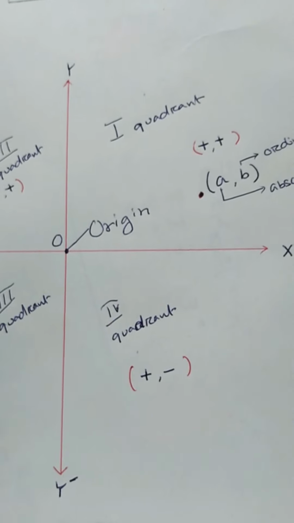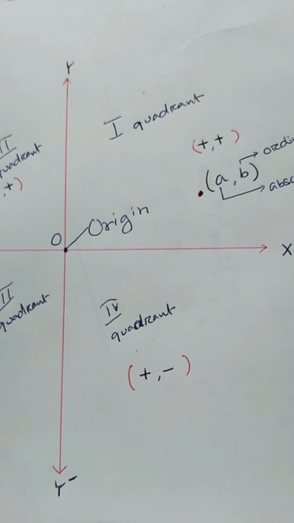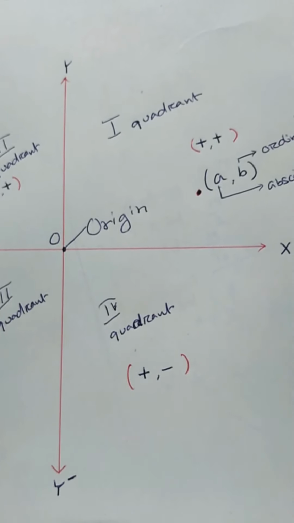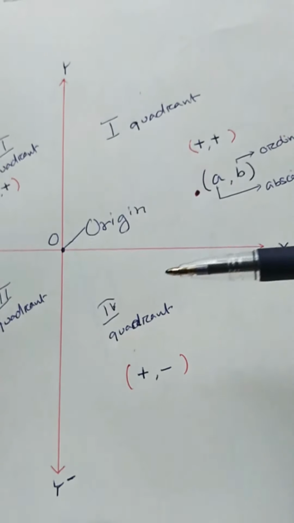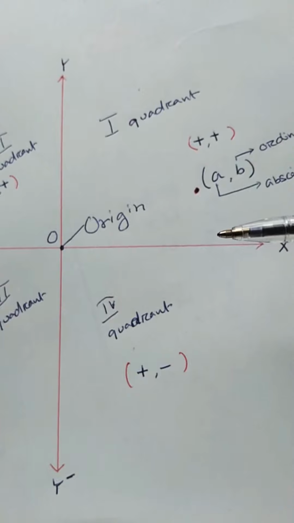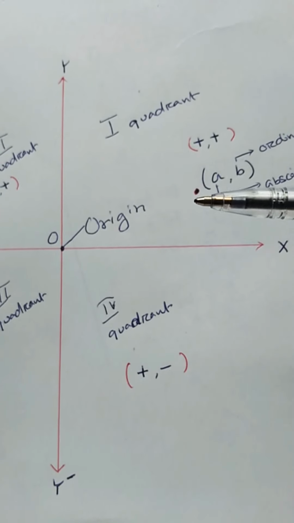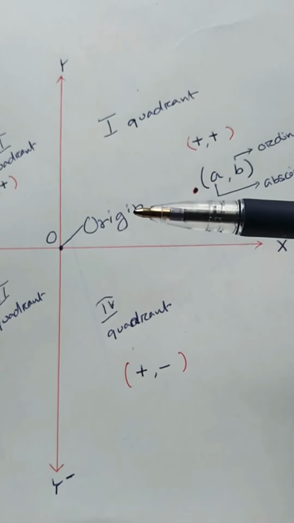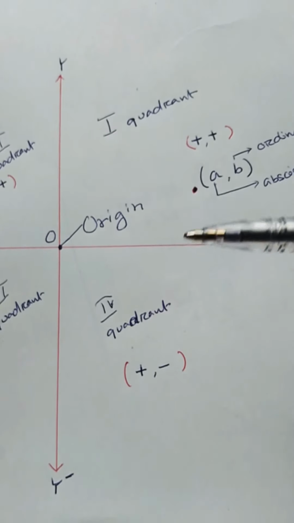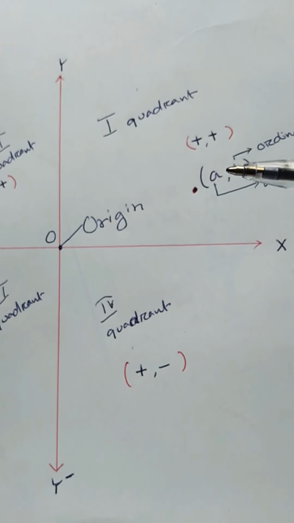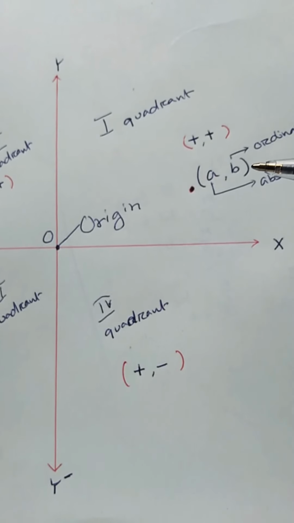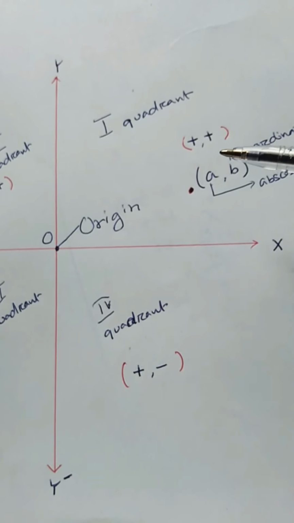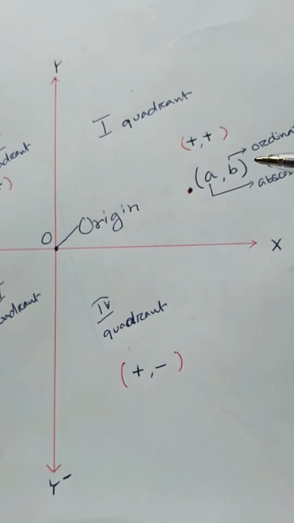Now, to indicate the location of one point in the Cartesian coordinate plane, we need reference of two lines, that is the x-axis and y-axis, and this is indicated by this ordered pair, which is also known as the coordinate.